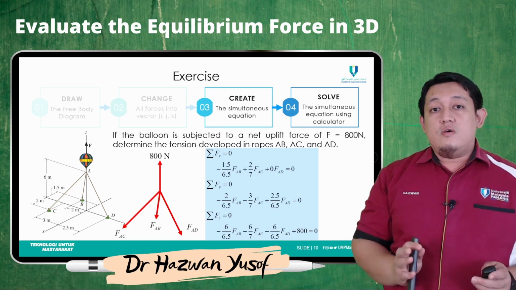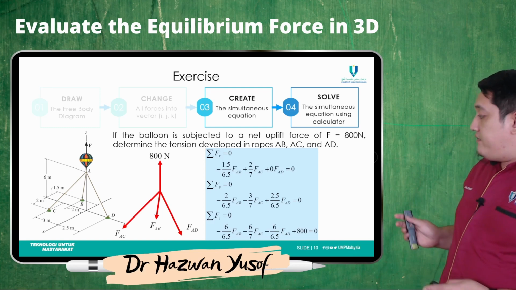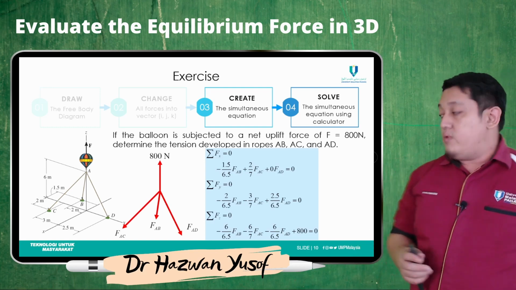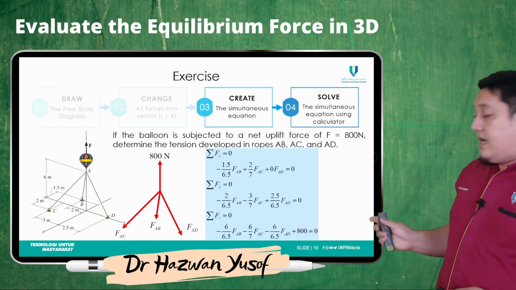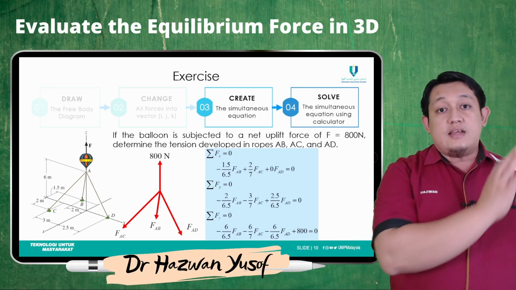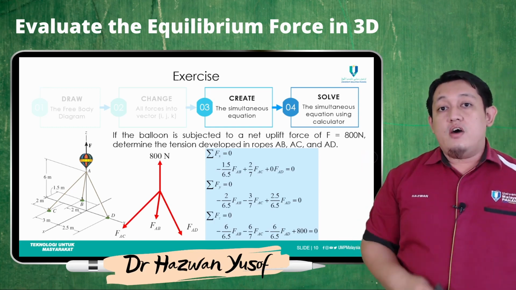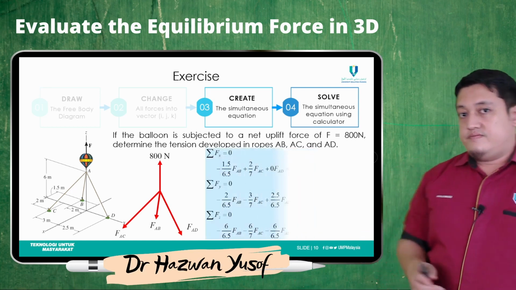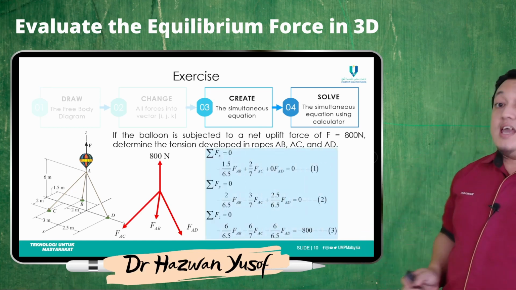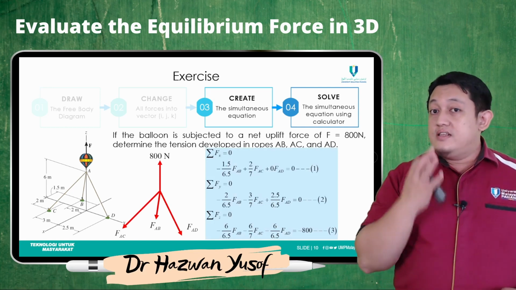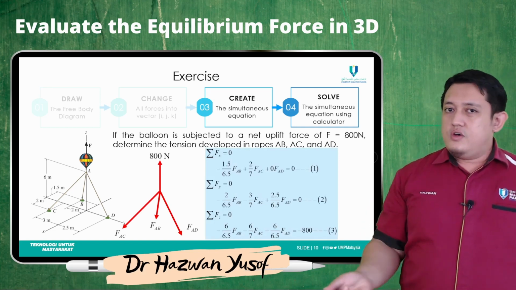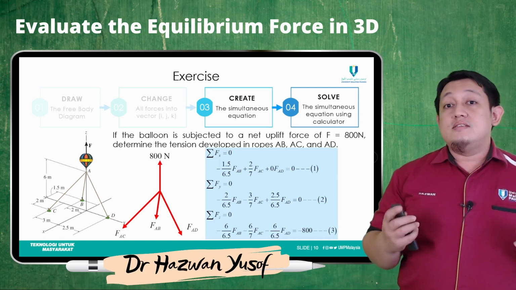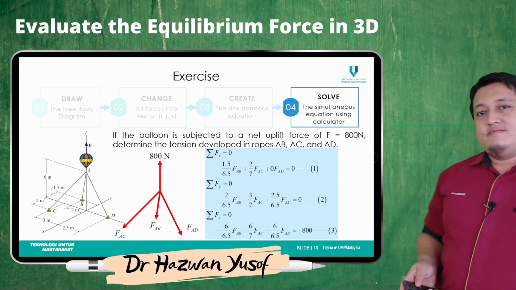So for the total of Fz equal to 0, we have the known value, 800 Newton, so we will move the 800 Newton to the right side. Therefore, it will be like this. Now we have 3 unknowns and 3 equations. So we finish step number 3.